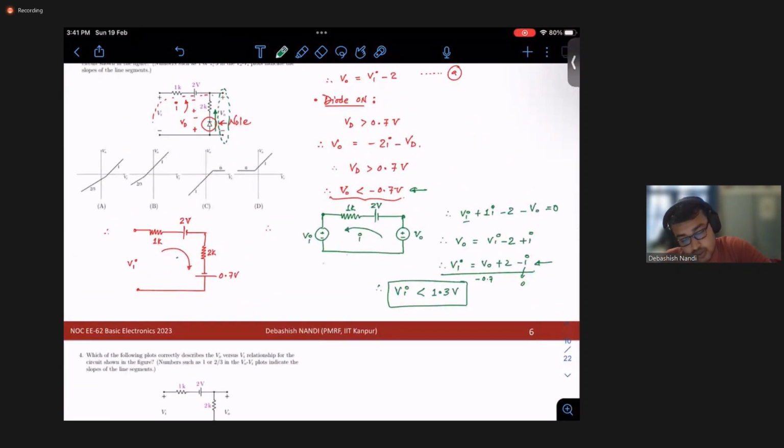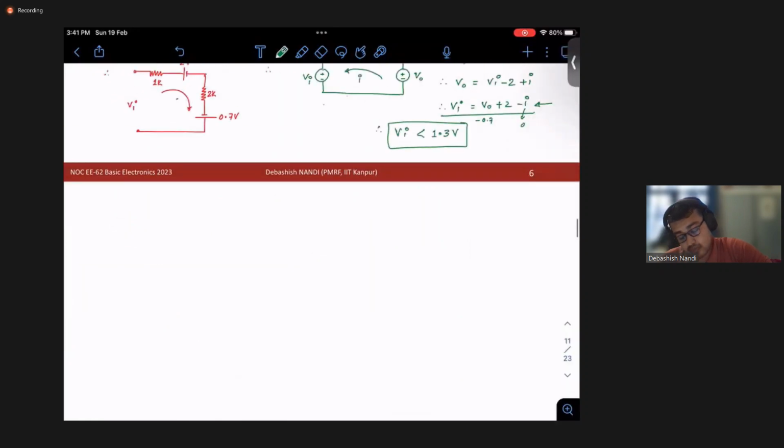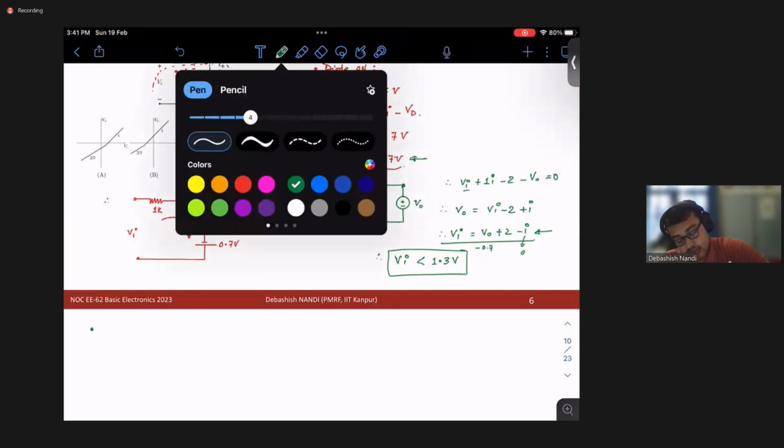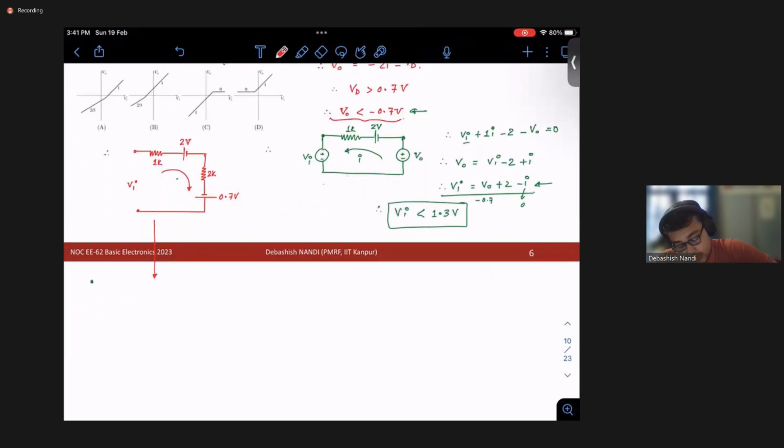Now, if we just look at this circuit, can we find out the slope? I think we can.